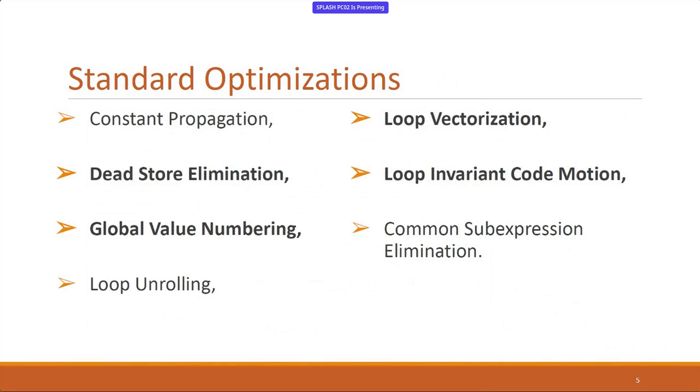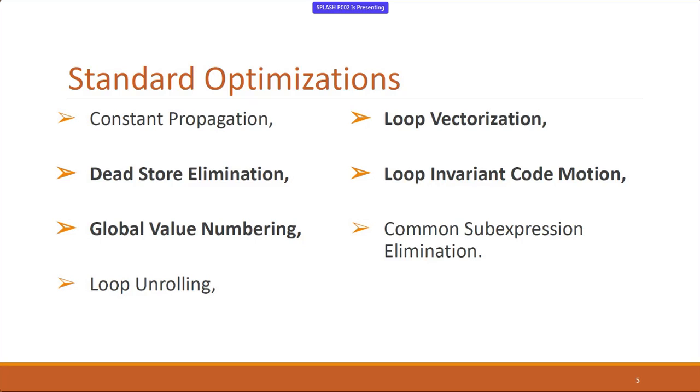So these are some of the standard optimizations. However, our focus is on the 4 optimizations which are highlighted in bold here. Out of these 4 optimizations, loop vectorization is one of the most effective, as it can theoretically speed up the performance of the program by 4x or more.